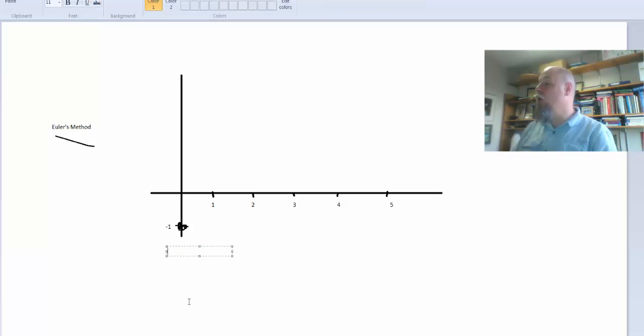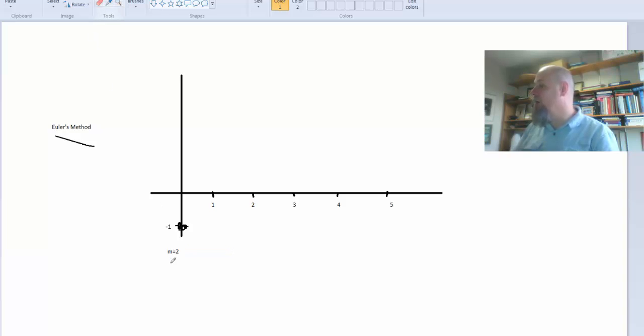And I know at that point the tangent slope of the curve is 2. That means if I move over 1, I would go up 2. If I move over 2, I would go up 4. If I move over a half, I would go up 1. So we're going to choose to move over a half.